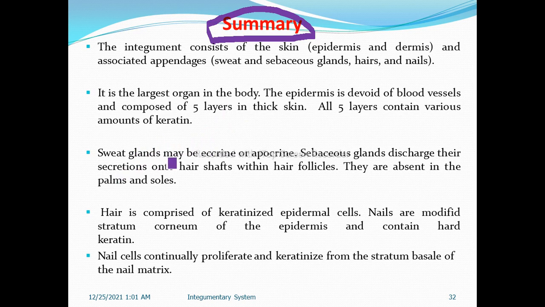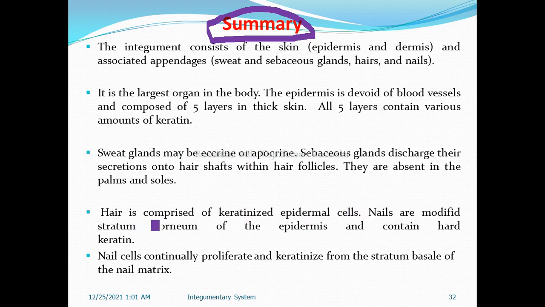The other is sweat glands, which may be eccrine or merocrine, or apocrine. Sebaceous glands discharge their secretions onto hair shafts within hair follicles. They are absent in the palms and soles. Hair contains keratinized epidermal cells.